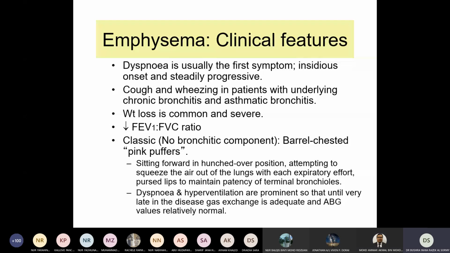In this case, there is no bronchitis. So if the person has bronchitis, it is a blue bloater, right? Yeah, in the blue bloater, the bronchitis, because there is mucus secretion and bronchospasm, so retention of carbon dioxide. And there is hypoxemia actually.